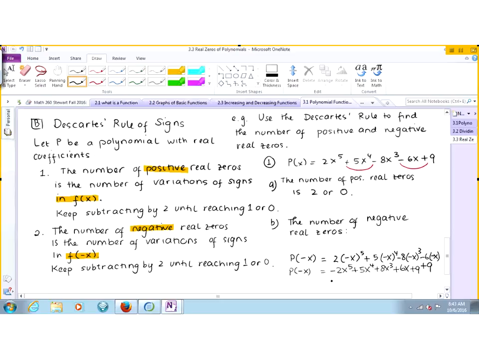So how many variations of signs? Only one, this one only. So how many negative real zeros? 1 only. Okay.